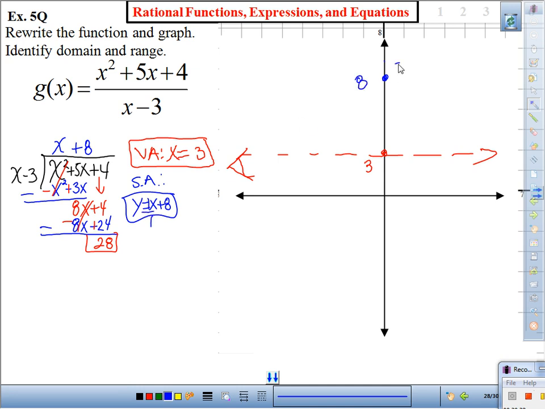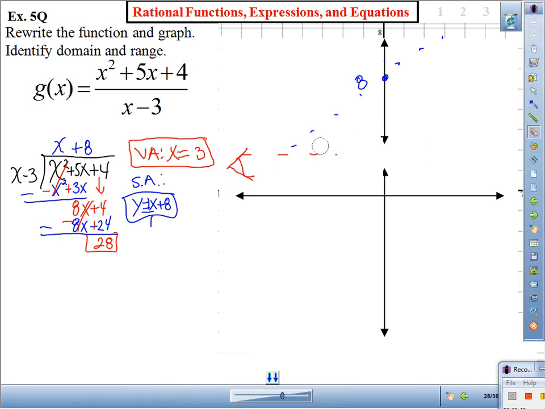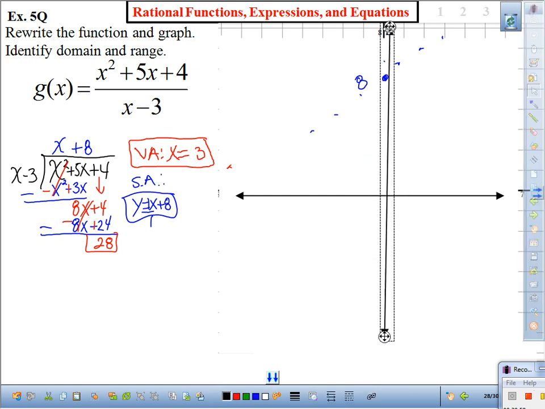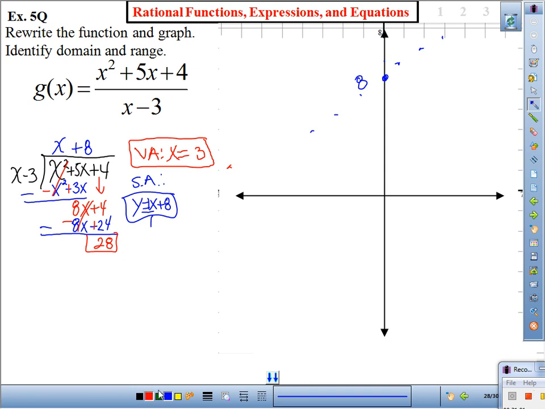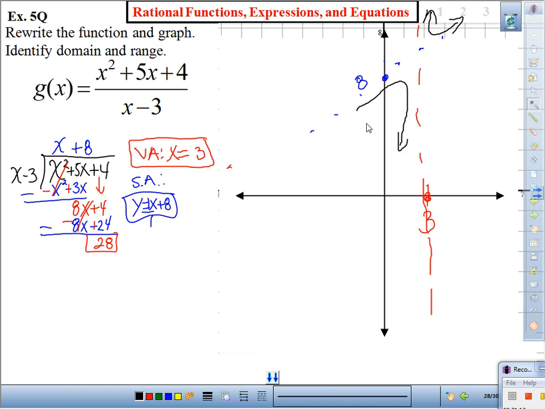That means 1 up, 1 to the right, 1 up, 1 to the right. Oh, it's a vertical. My bad. Sorry. Yeah, I did that to see if you were paying attention. Vertical asymptote, 3. And where's my graph? Right there and right there. Have you got that? Yeah, show your parents how comfortable you are with these also. Yeah, we got these, yes?